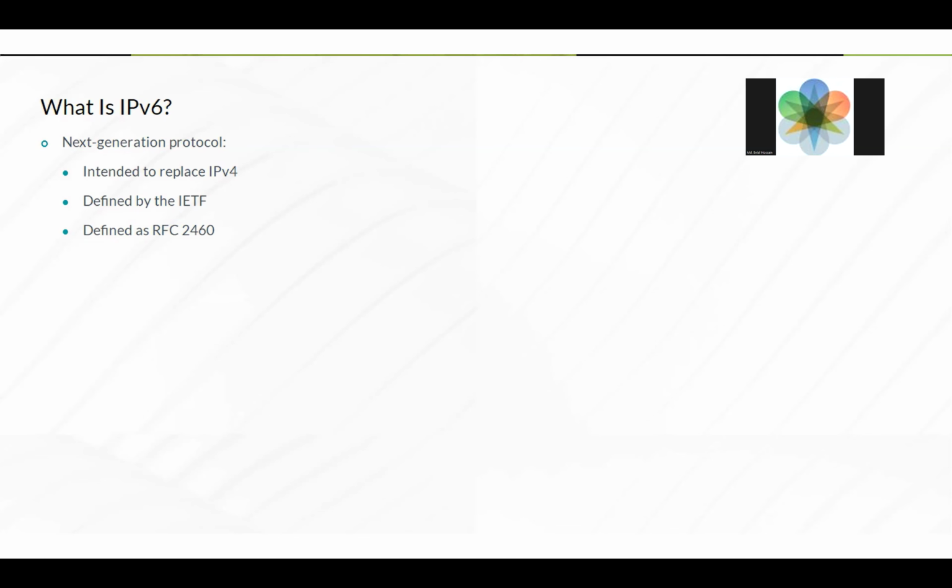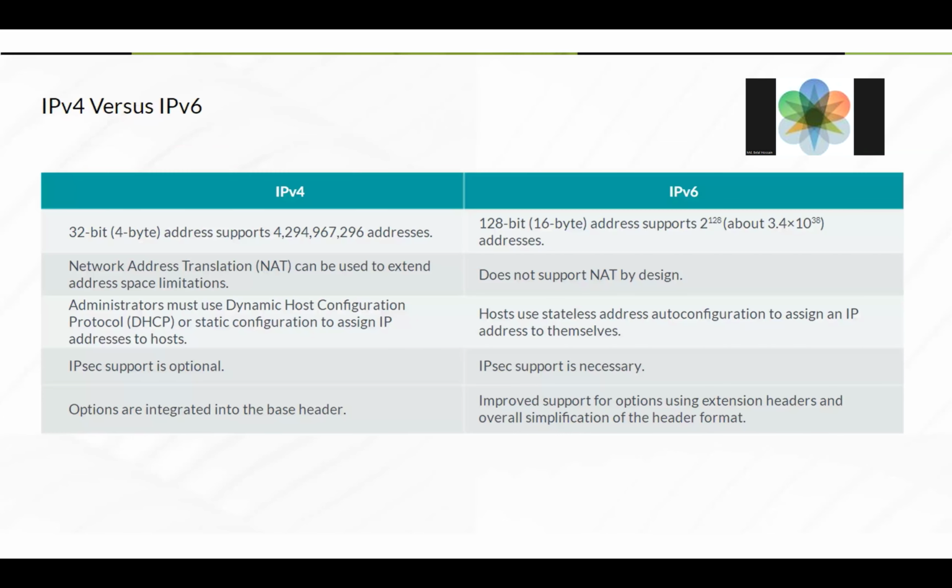IPv4 does not have enough IP address space. That's why we have to move to another protocol, and the protocol is IPv6. And the IETF already defined IPv6 parameters, and there is one RFC, RFC 2460. You can check this RFC for IPv6 details.